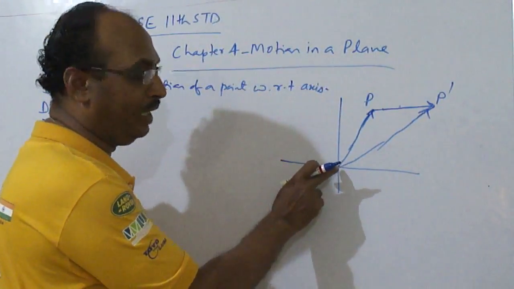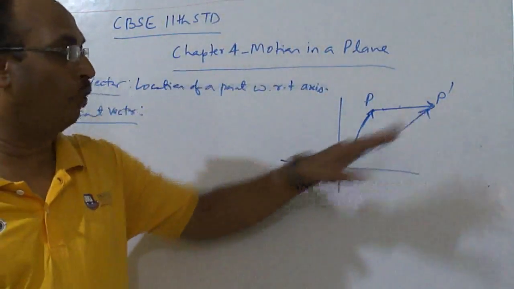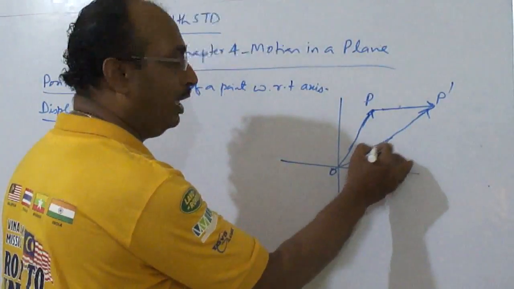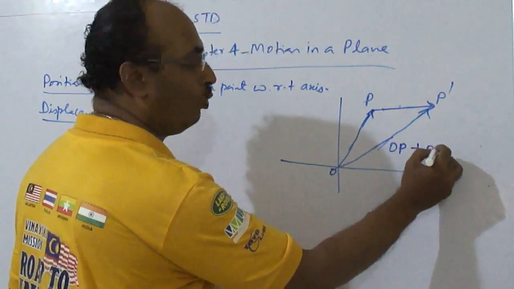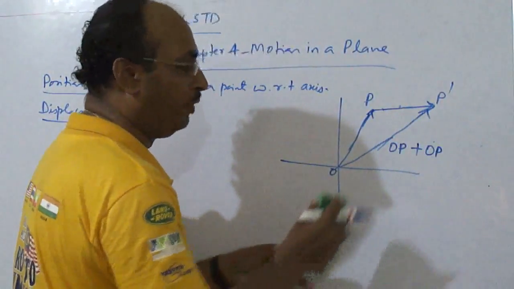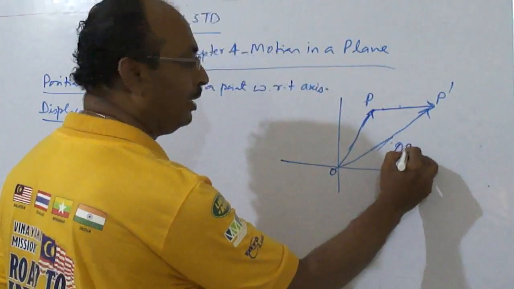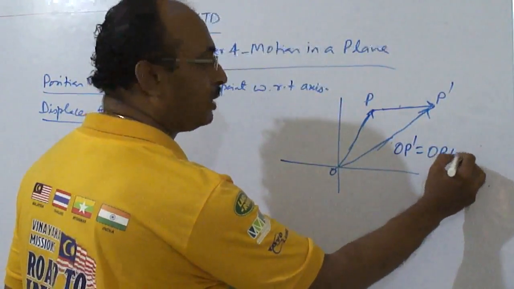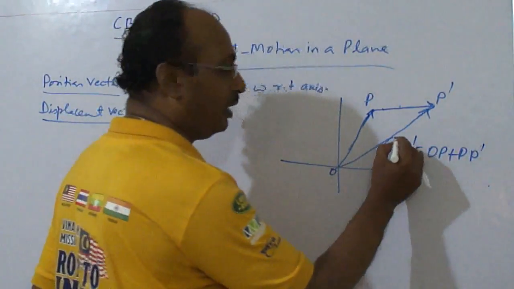From where you started, the initial point, and the final point you have reached, you have just joined them. What has it given you? OP dash is equal to OP plus PP dash. And this is a vector.